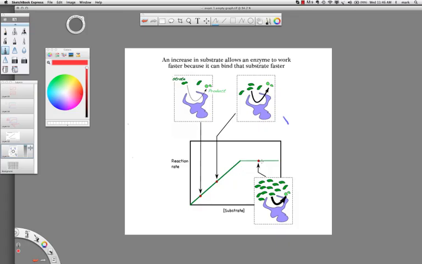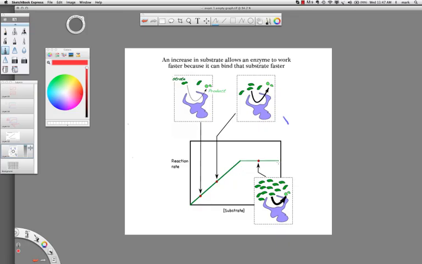If there is no early straight line relationship between reaction rate and substrate concentration, then Michaelis-Menten kinetics are not present, and you wouldn't call it a Michaelis-Menten plot. We're going to look at other relationships between substrate concentration and reaction rate later in the term. But this is the most typical result you're going to get, and these are Michaelis-Menten kinetics.